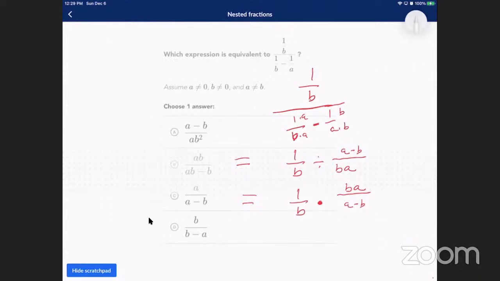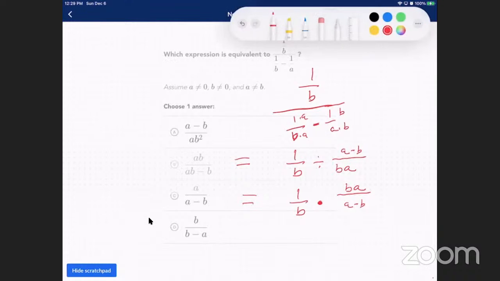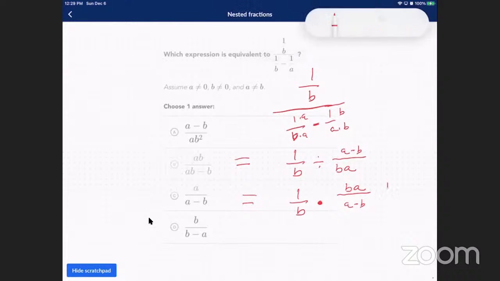Now we can start doing, we could say b times ba, which would equal b times ba, like that, and then you have 1 times ba, 1 times ab, which would just be a over b, like that. You can multiply this, right?